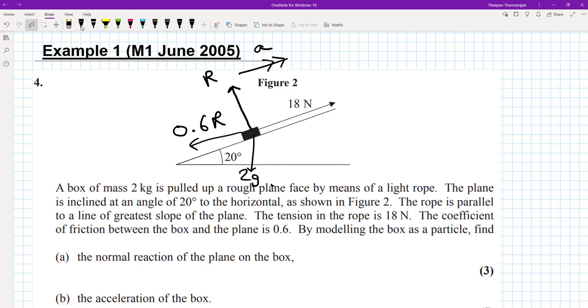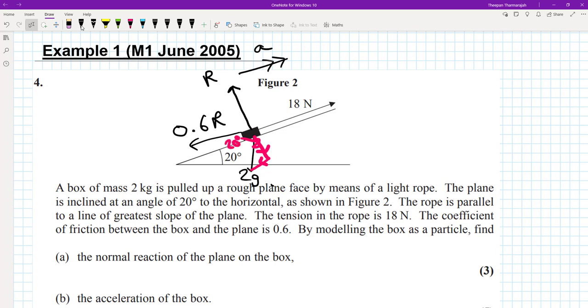We always resolve by forming a right angle triangle. The weight acts as the hypotenuse of a right angle triangle. Must have arrows here. And this is 20 degrees.